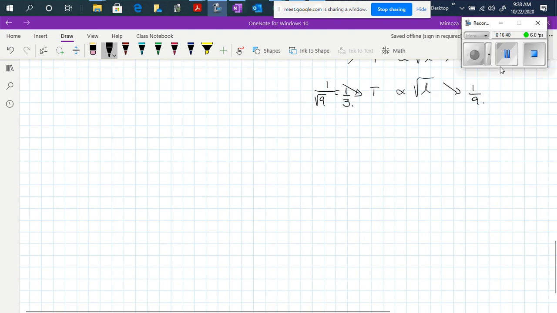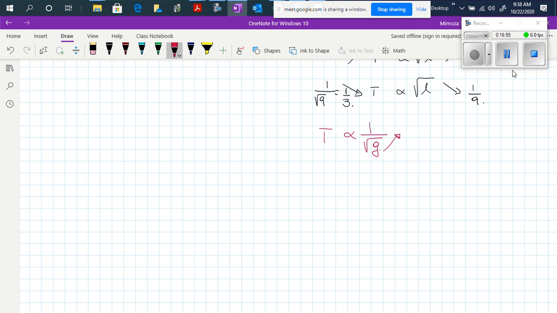So now let's take a look at the relationship that the period has with the gravity. So it is 1/the square root of the gravity. If the gravity is increased, let's say by a factor of 3, then the period will be decreased, by a factor of 1/the square root of 3.